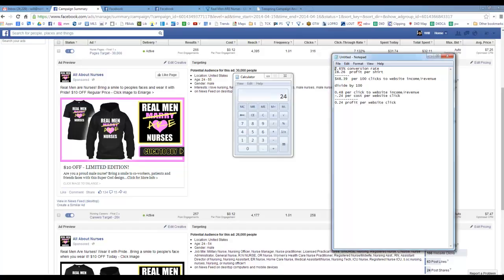Meaning, 80 people bought 100 shirts, right? So every person bought 1.2 shirts. So this formula does not account for that, and we won't account for it for now. We'll just count that as gravy, right? Anyways, so that's where we're at.